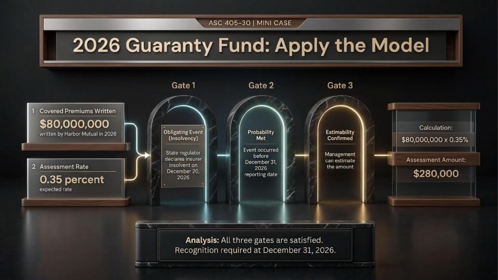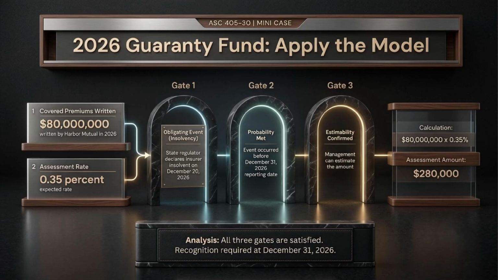Now let us apply the model to Harbor Mutual. Covered premiums written during 2026 are $80 million. A state regulator formally declares an insurer insolvent on December 20th, 2026, which is before the December 31st reporting date.